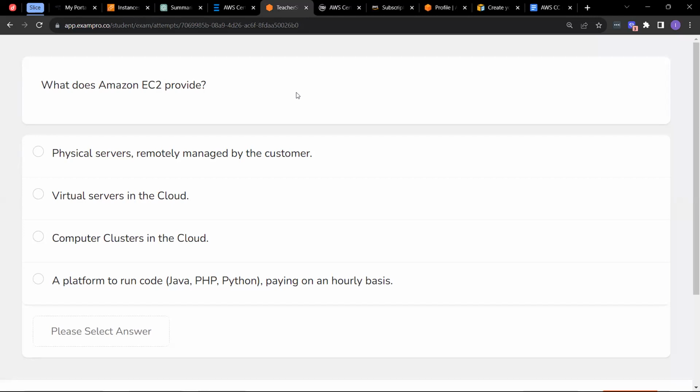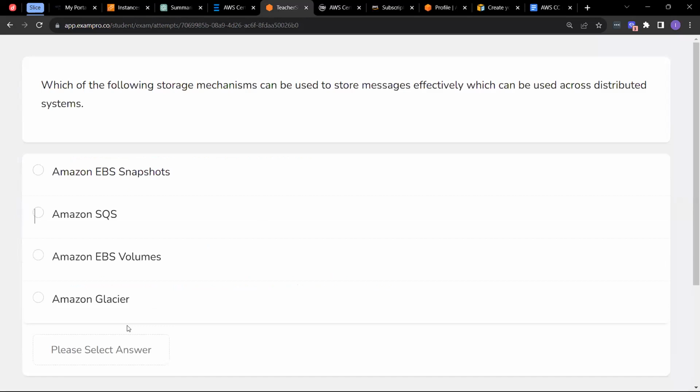Okay, so the majority is 2. Physical servers are out. Computer clusters, it's definitely not a cluster of computers. So yes, I also agree that the answer is 2, the second one. At the end we'll be able to see the explanation, or the correct answers.